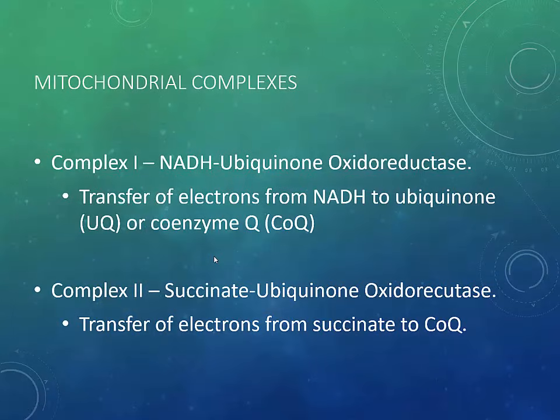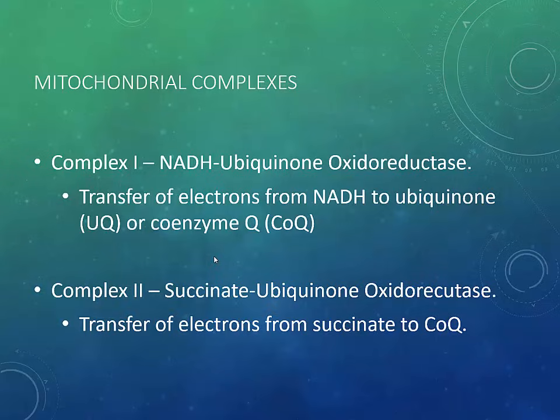So complex 1, the NADH ubiquinone oxidoreductase, transfers electrons from NADH to ubiquinone, sometimes called coenzyme Q, you might see that. Complex 2 is succinate ubiquinone oxidoreductase, or succinate dehydrogenase. This is a literal TCA enzyme. These are the two separate entry points into the electron transport chain. We do not go from complex 1 to complex 2.